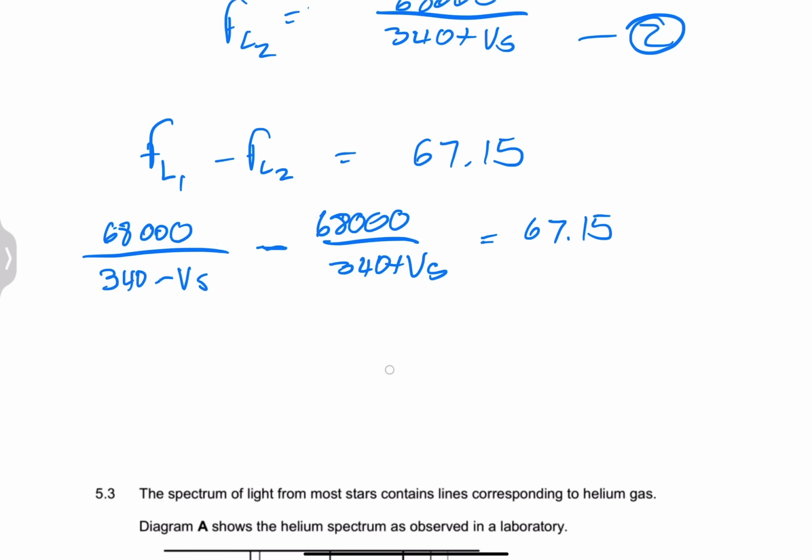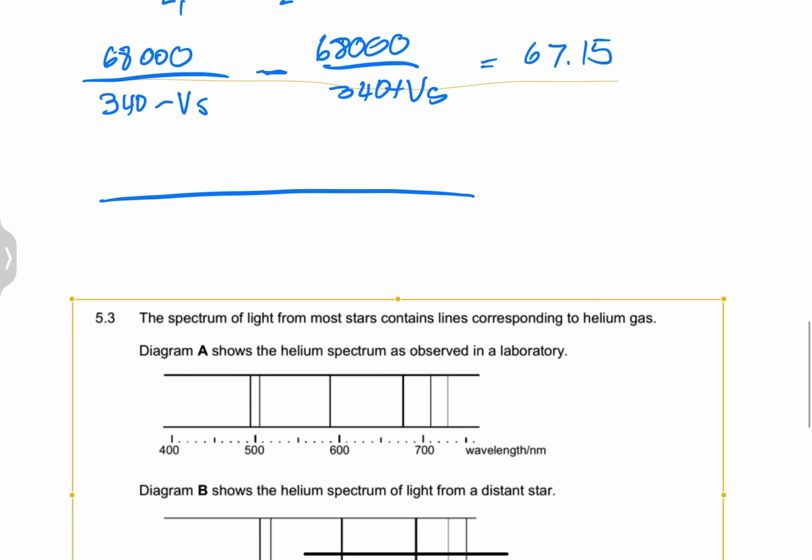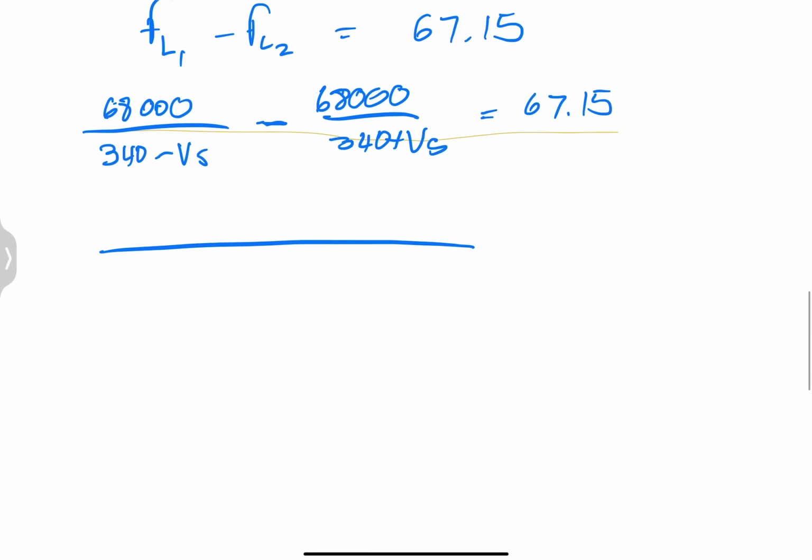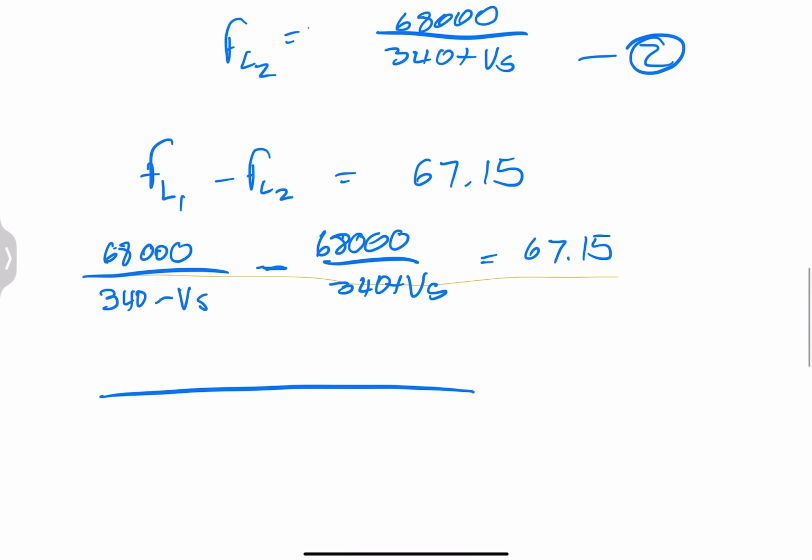Now, if you remember, when you're dealing with fractions, we're going to have the LCD, right? So our LCD is going to be the product of the two, that's 340 plus Vs and 340 minus Vs, right? But now I'll say LCD divided by denominator multiplied by numerator.